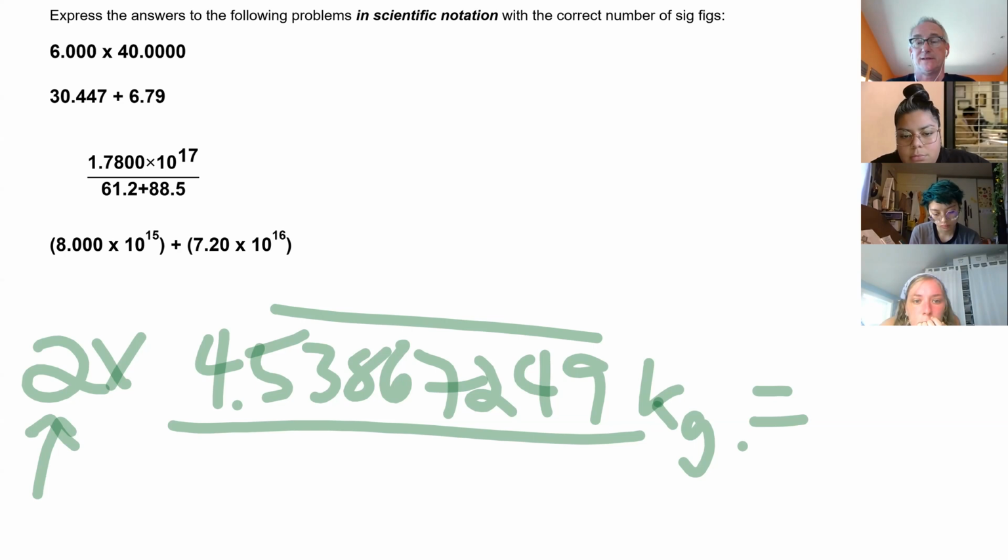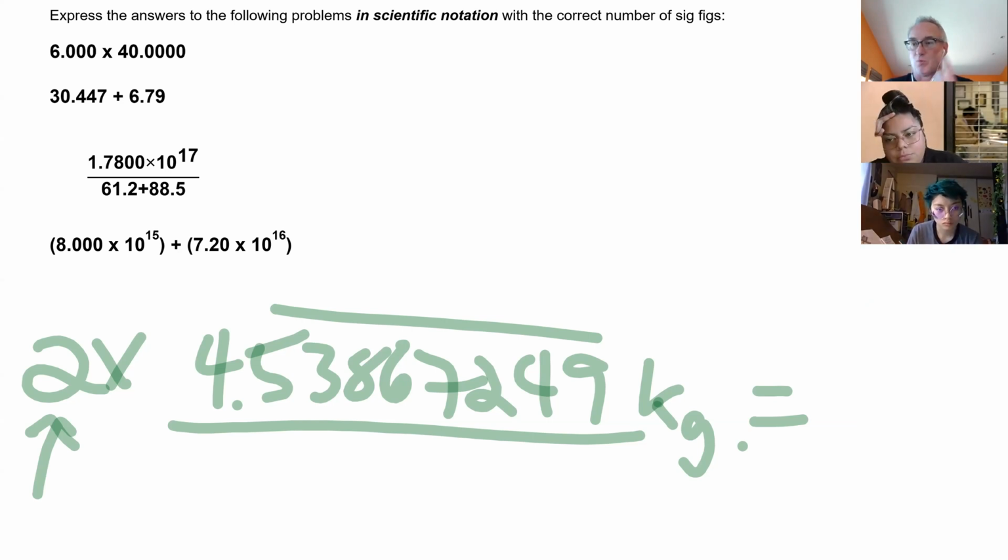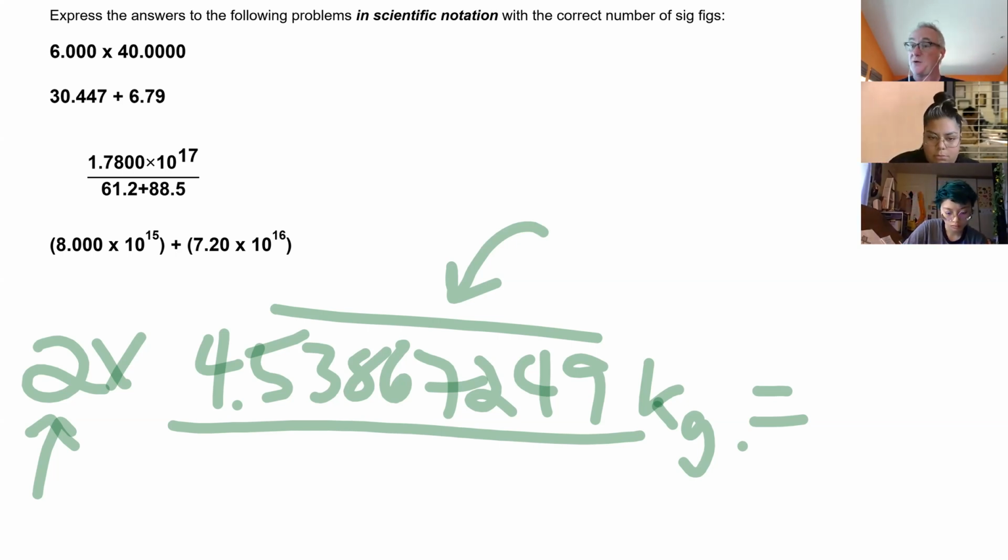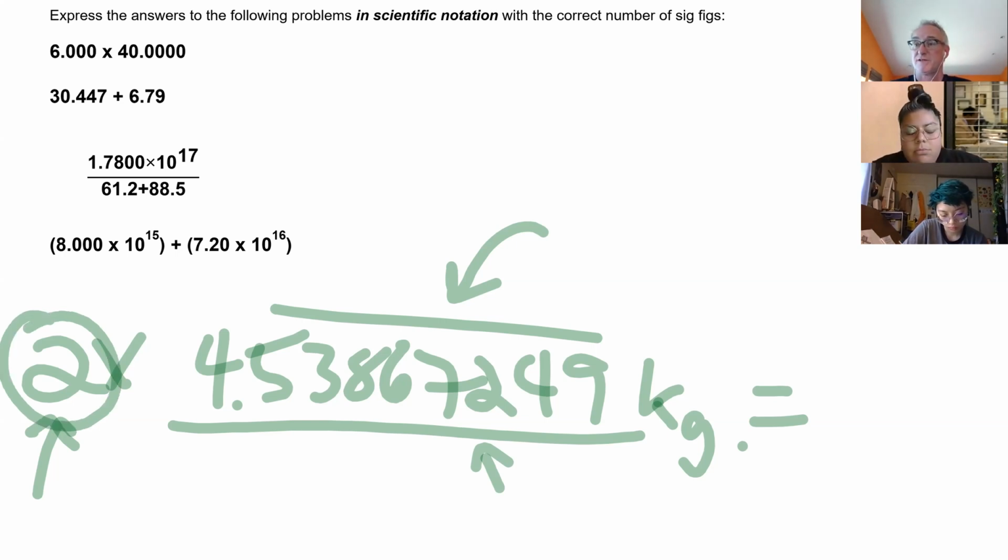That's all that means. So how many significant digits can there be in my answer? 1. That's right. Because basically I've measured something extremely accurately, but then I want around 2 of them. So I'm throwing all this accuracy away because I'm not giving you any accuracy here. So basically you're limited by the least accurate number.